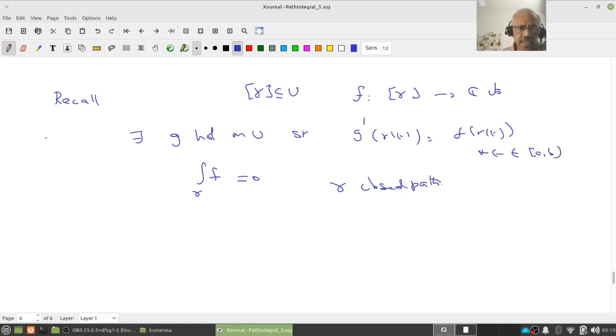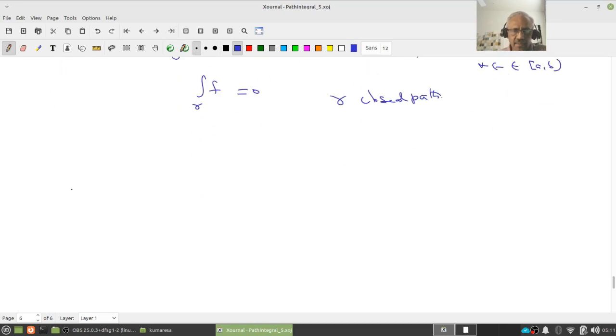Recall, let gamma be a closed path in U, and assume there is a holomorphic function on all of U so that when restricted to the trace of gamma, G prime equals F. Then we know the integral of F over gamma is 0 because it depends only on the endpoints, but the endpoints are the same. Now is the converse true is what we want to look at.